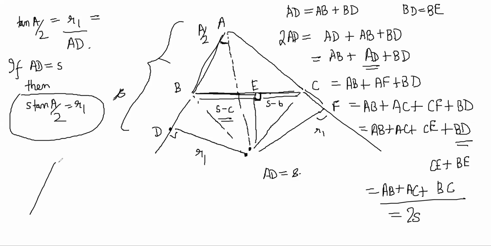Earlier in the previous class, we also got the results for the incenter, the way angle bisectors bisect the sides, right?